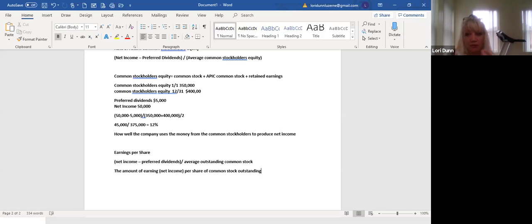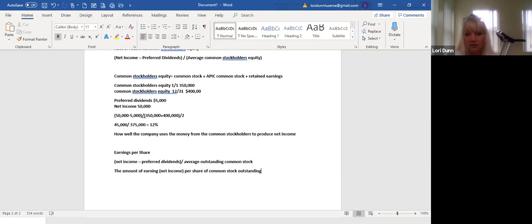So remember, there's authorized, that's how many could sell of stock, issued, how many have actually been sold, but outstanding stock is the number that have been sold minus any treasury stock, any stock the company repurchased of itself. And why do we use outstanding? Because these are the ones that get dividend payments. And investors react significantly to a change in earnings per share.